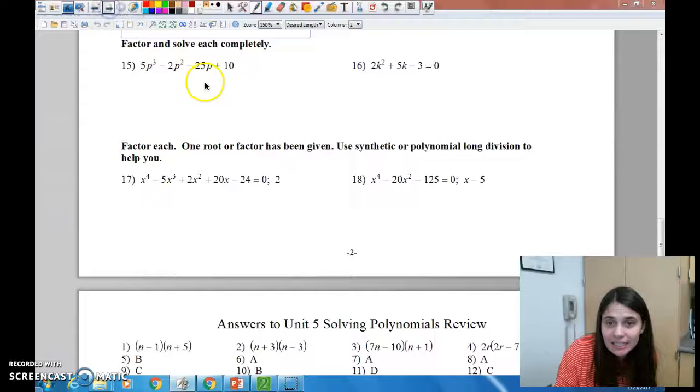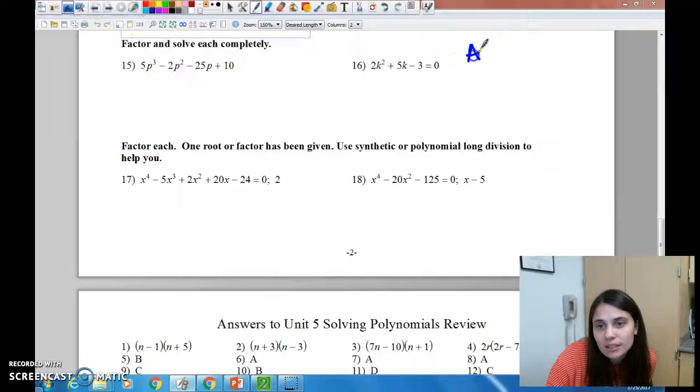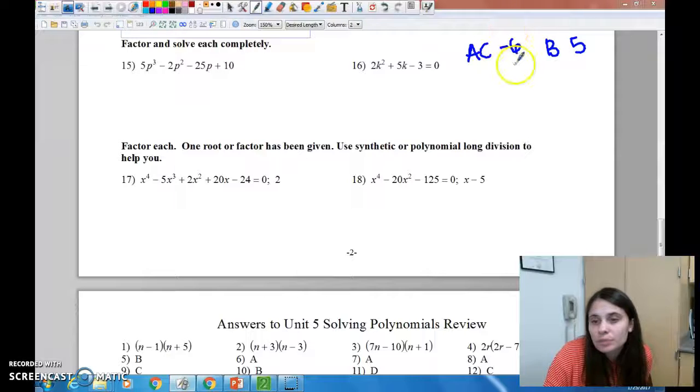Number 16 is a quadratic where a is not equal to 1. So I'm going to start with my AC and b. So AC is 2 times negative 3, which is a negative 6. My b is 5. So 2 numbers that multiply to negative 6 and add to 5 are negative 1 and 6.